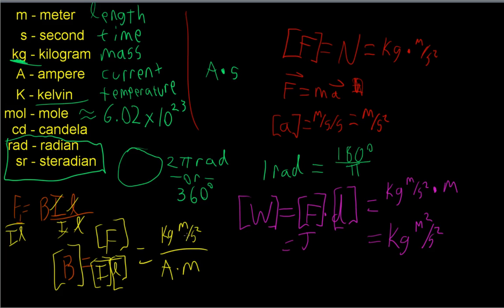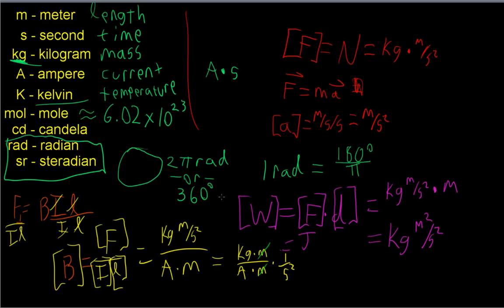Now this per second squared is kind of annoying right there, so I'm going to go ahead and write this kilogram meter over amp meter times just the 1 over second squared. I can do that. I can move it over because it's all multiplication. And would you look at that, there's a meter in both the top and the bottom.